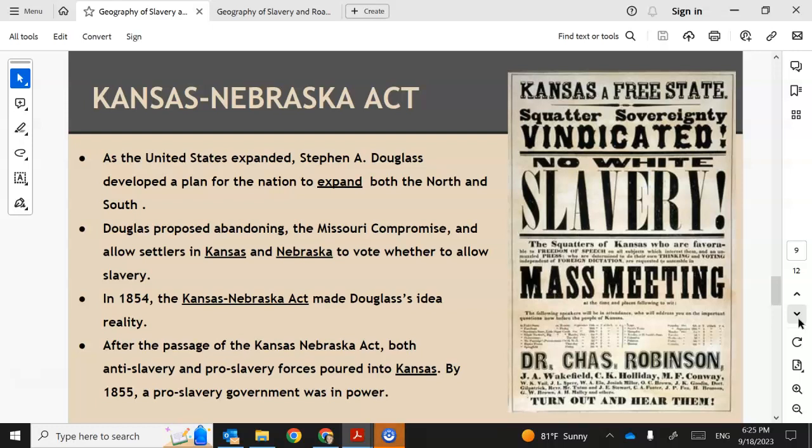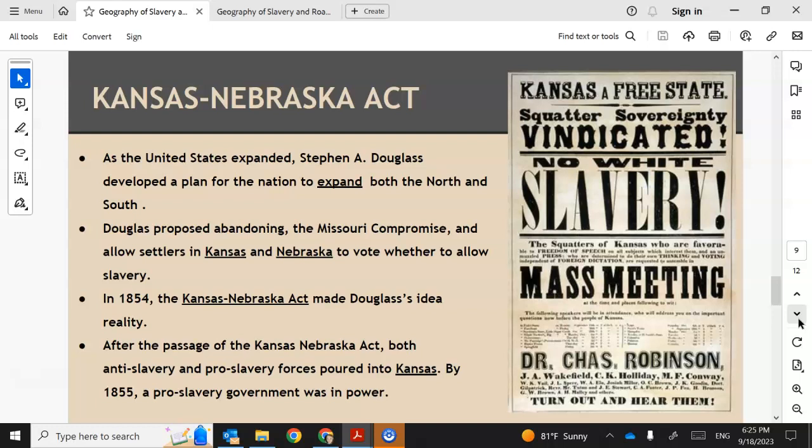Douglas developed a plan to expand our country, both the North and the South, get rid of the Missouri Compromise, and allow Kansas and Nebraska to vote. So in 1854, this happens. And I want you to think about this.